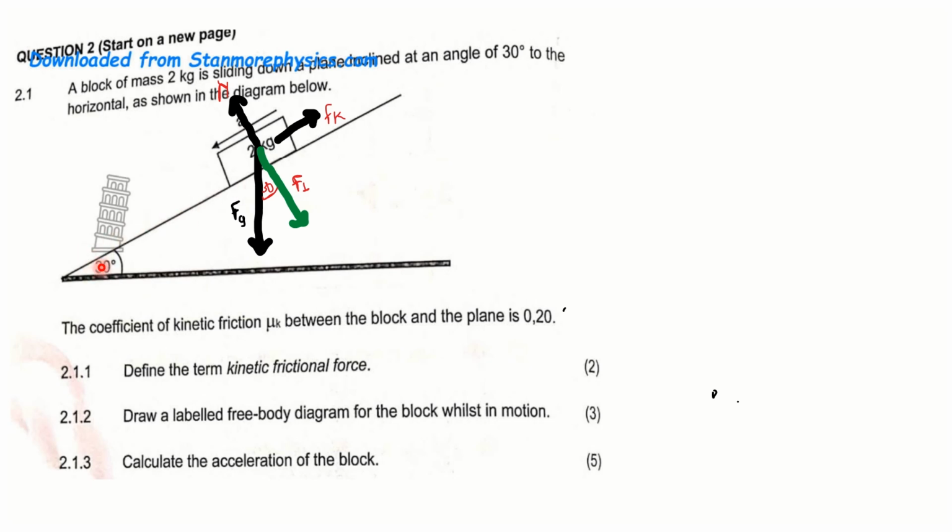So this angle is always the same as this angle, meaning that if this angle were given to be 25 degrees, I would write 25 degrees, but this time since they told me that it's 30 degrees, I will write 30 degrees. So whatever incline angle is given in an exam or test, it's always going to be the angle that we write here.